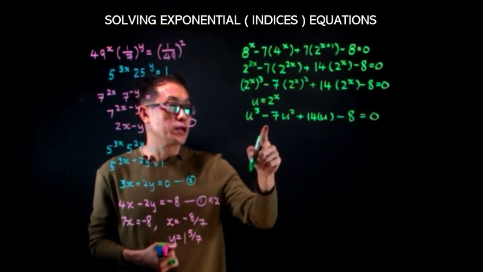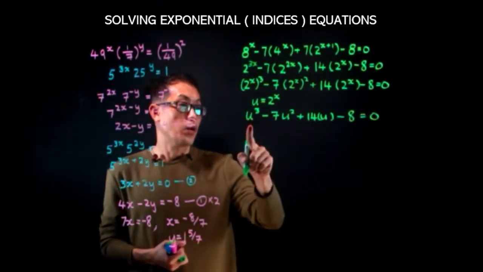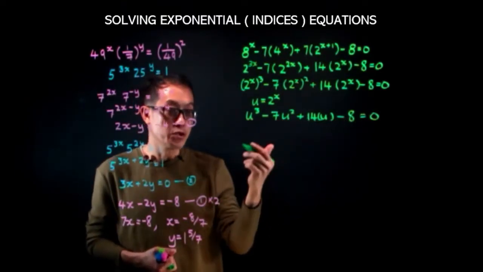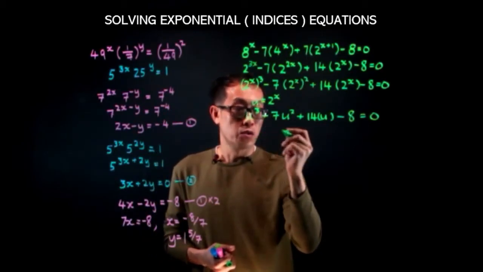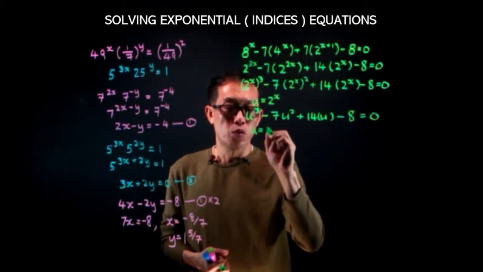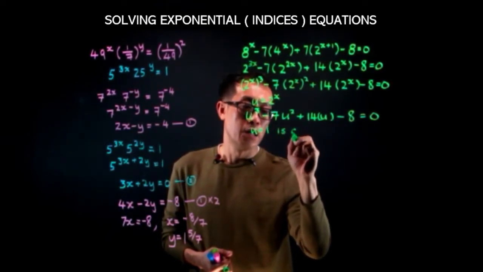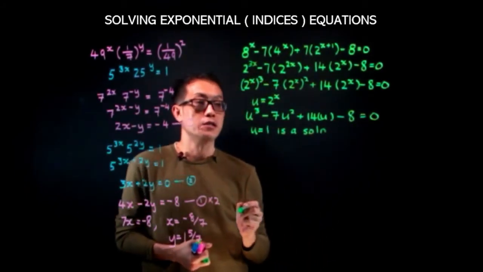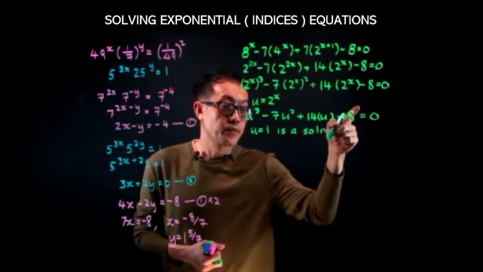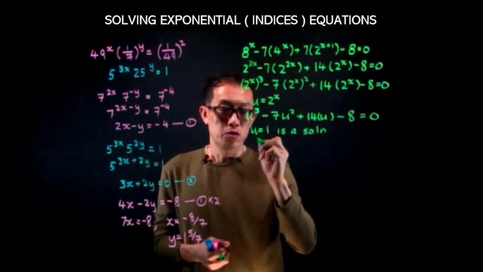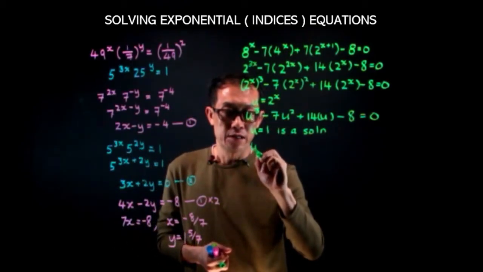If u equals to 1, is it a solution? This will be 15, and then here is also 15. So u equals to 1 is a solution to this equation. That means this expression, you learn in remainders theorem, all right? So u minus 1 is a factor, all right?